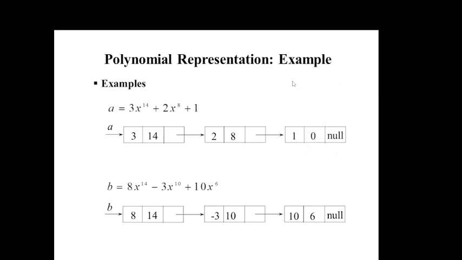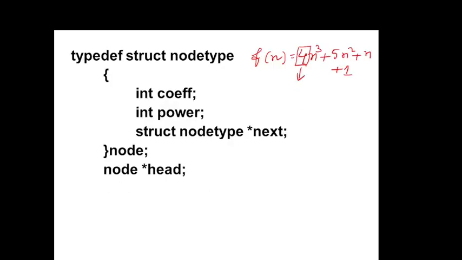All of you know this 4 is called the coefficient, and this n here is called the power, or you can call it the exponent.